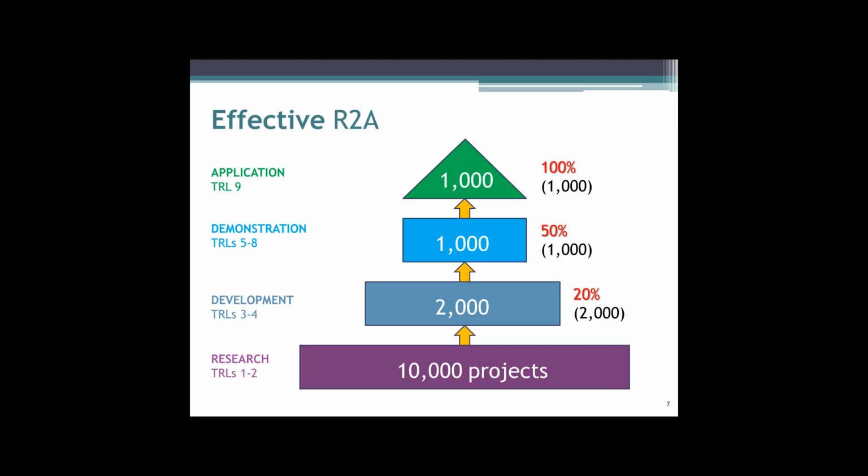And if they're successfully demonstrated, then in any given fiscal year you would like to say that 100% of those would be transitioned into operations because they were technically mature and ready for operations to take advantage of them.